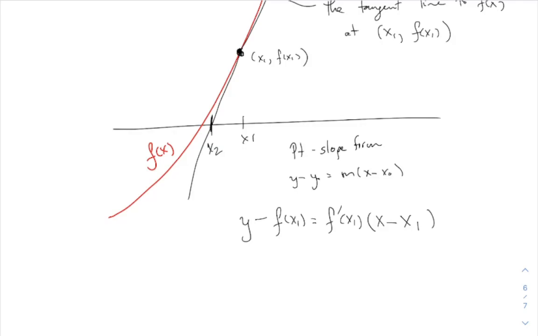What exactly is x2? x2 is the x-intercept of that line. How would we find the x-intercept of that line? Anyone remember how to find the x-intercept of something?